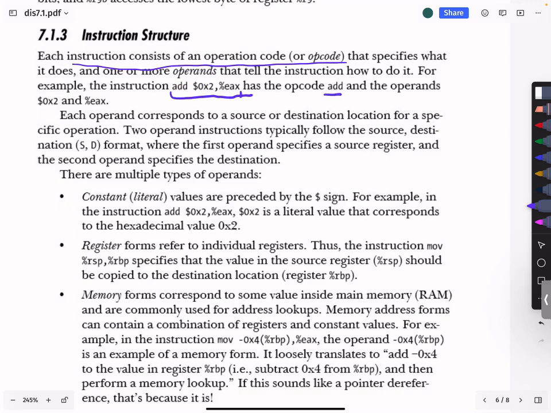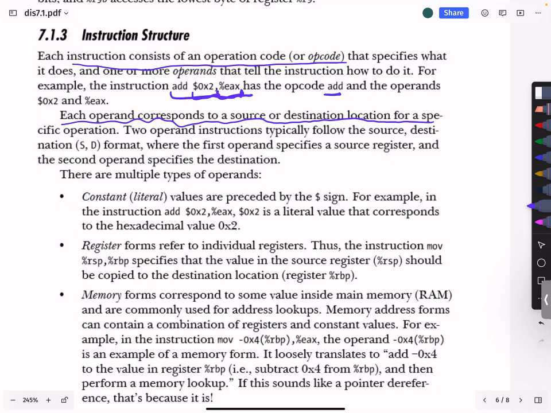And we could even call that the opcode, or equivalently call its hex representation the opcode. But in any case, it also has these two comma-separated operands. Each operand corresponds to a source or destination location. Sometimes it has just one, sometimes it has both.